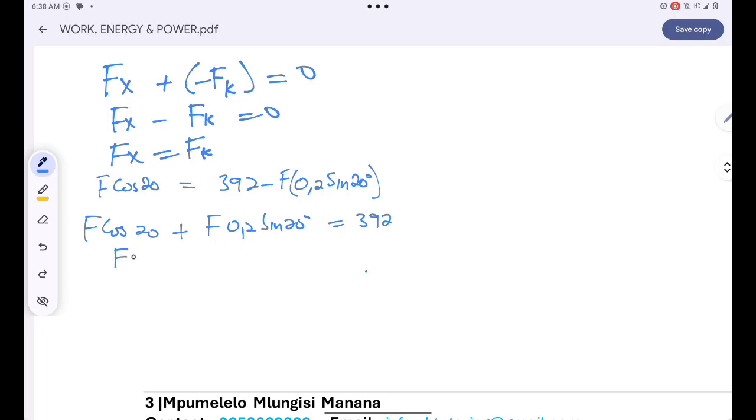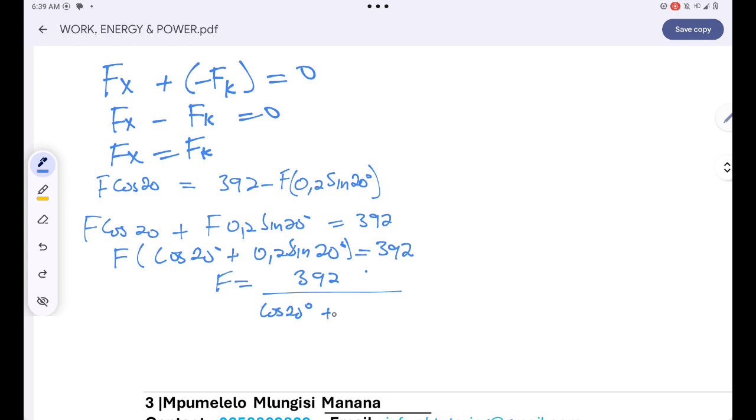Are you together, guys? We can take out a common factor. We'll be left with cos of 20 degrees plus 0.2 multiplied by the sine of 20 degrees, all multiplied by F, is equal to 392. So therefore F is equal to 392 all over the cos of 20 degrees plus 0.2 sine of 20 degrees.